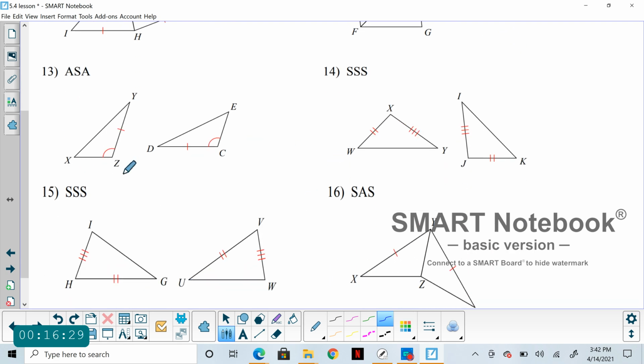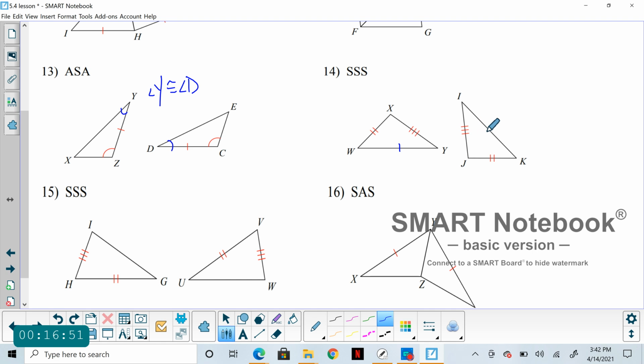How about number 13? To get angle, side, angle congruence, we need angle, side, angle. So we need angle Y to be congruent to angle D. Number 14, side, side, side. So we need the third side, right?